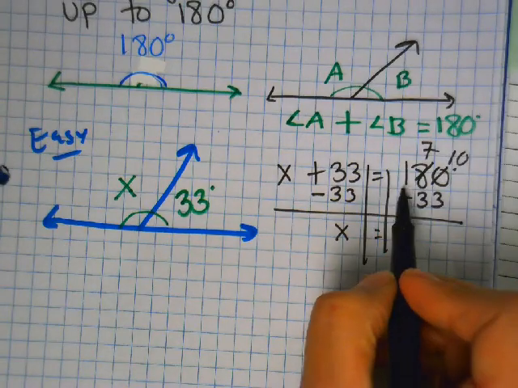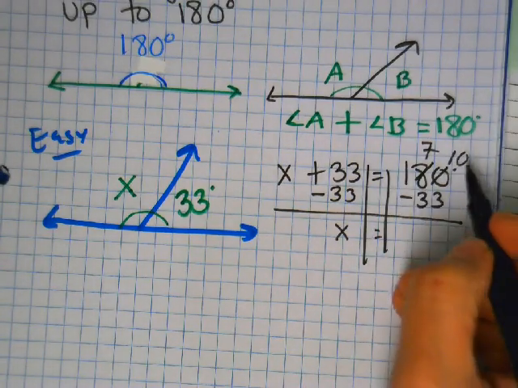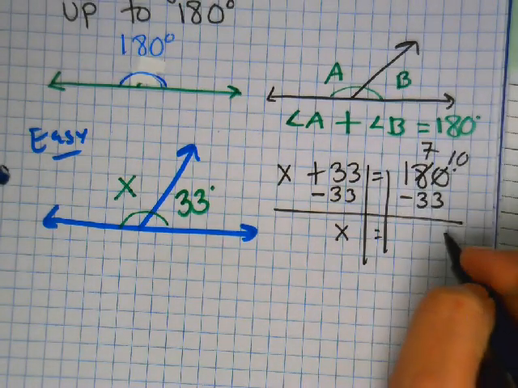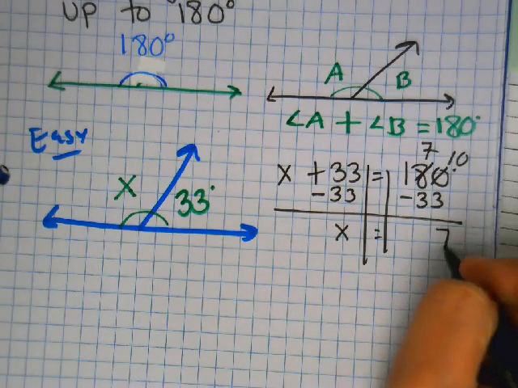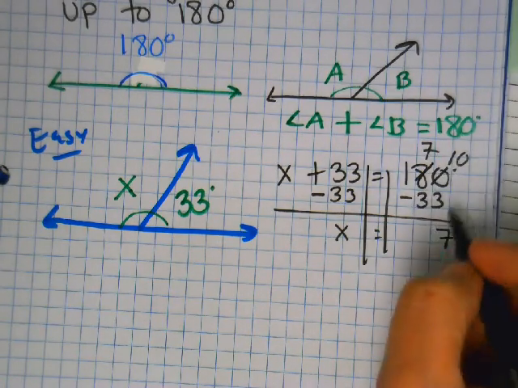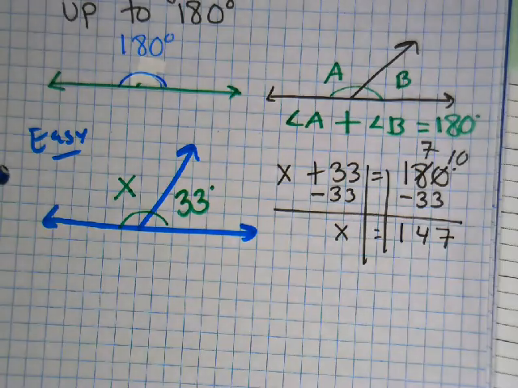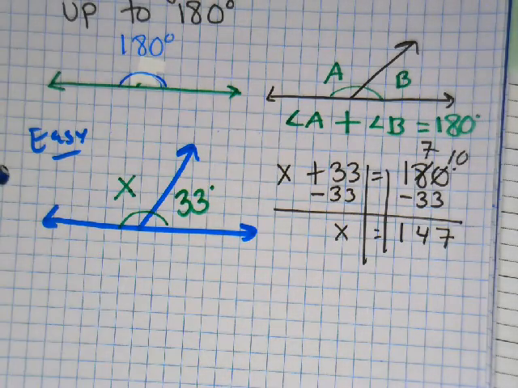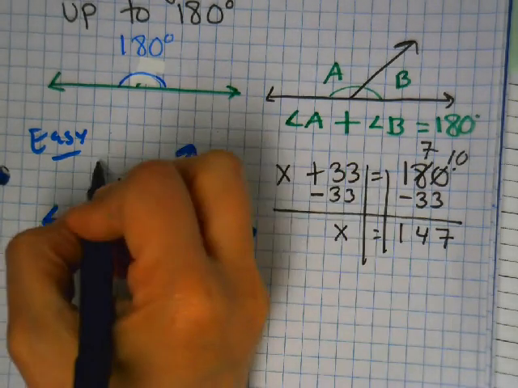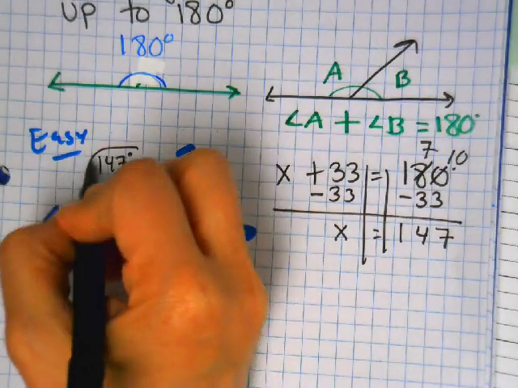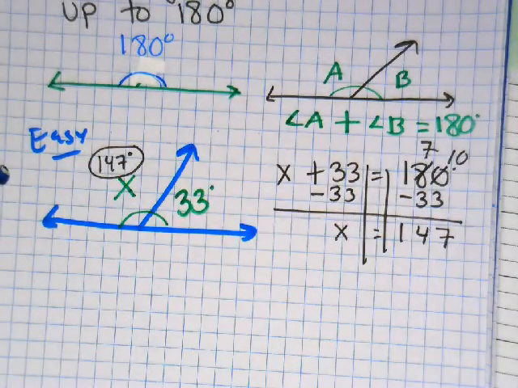Do I touch the 1? No. So what's 10 minus 3? 7. 7 minus 3? 4. And then bring down the 1. So we have 147 degrees, and that's it. You're done. X is 147.